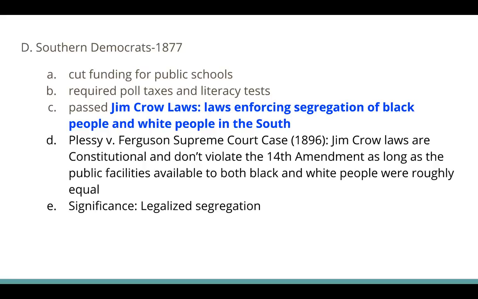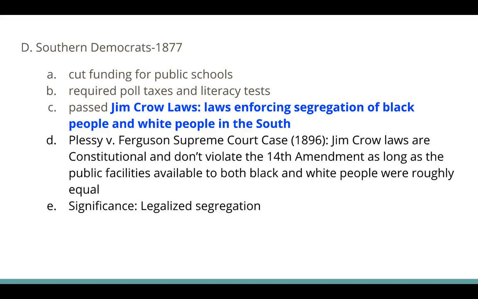Additionally, Jim Crow laws were passed. These were laws that enforced segregation of Black people and white people in the South. And unfortunately, we had a Supreme Court case in 1896, Plessy versus Ferguson. The decision of this case said that Jim Crow laws are constitutional and don't violate the 14th Amendment as long as the public facilities available to both Black and white people were roughly equal.